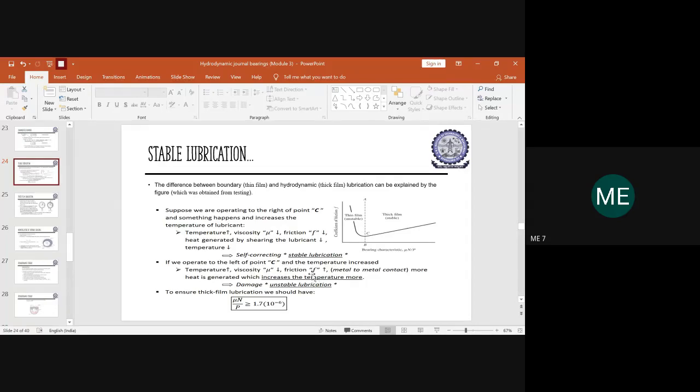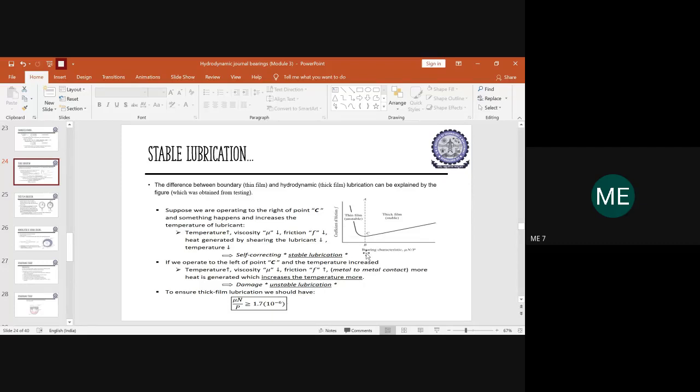Due to the reduced thin film, the metal to metal contact will be more, as the viscosity comes down and the friction increases. Due to the increased friction, the heat generated also increases, and as a result, it damages the surface of the journal and the bearing. Hence, the lubricant we are using is termed an unstable lubricant.